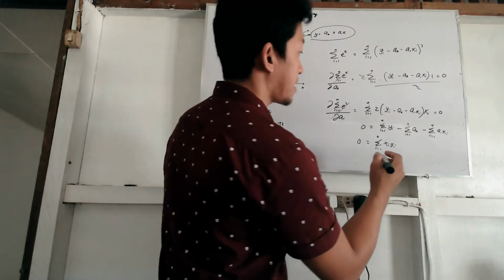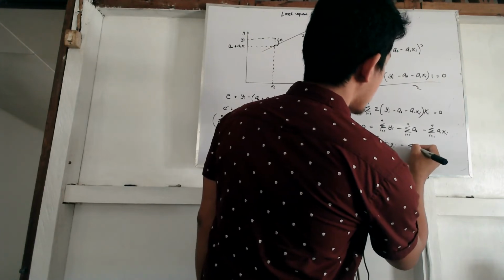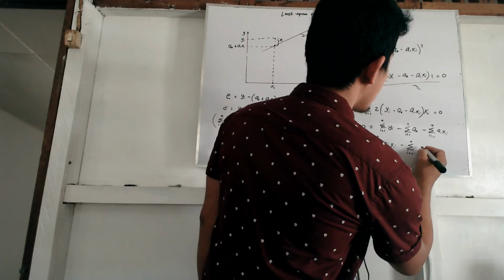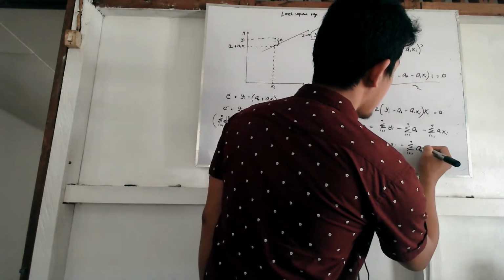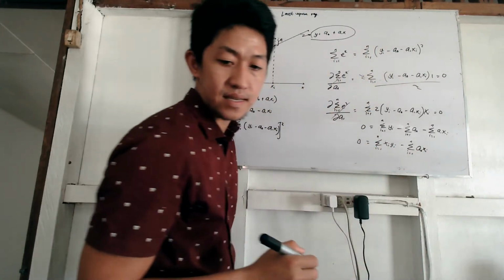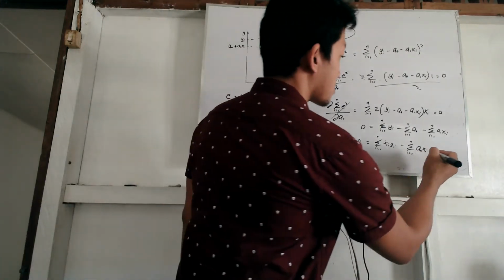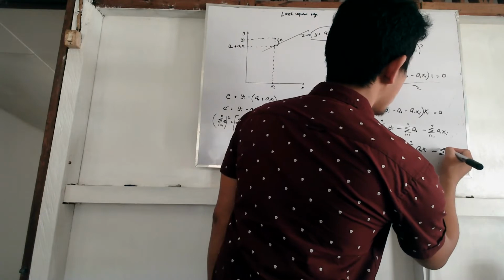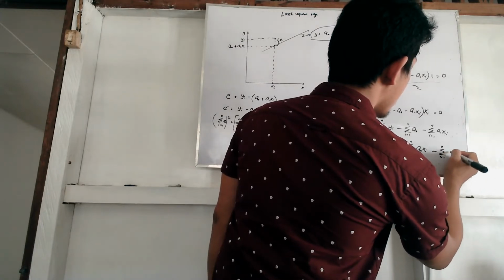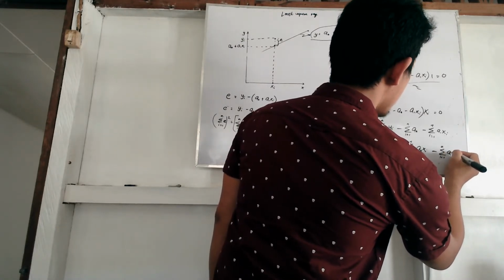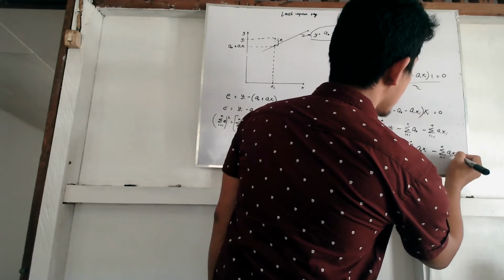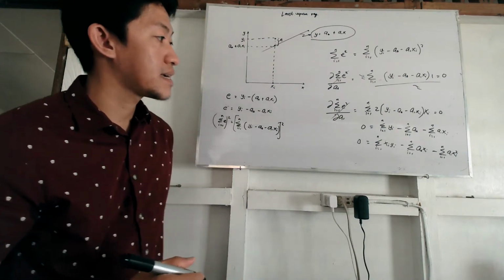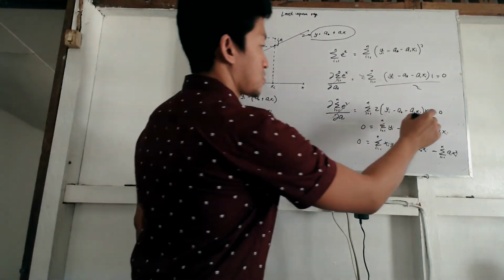Summation of xi yi minus summation of a0 xi. Okay? Minus summation of a1 xi square. Okay? So those are our two equations.